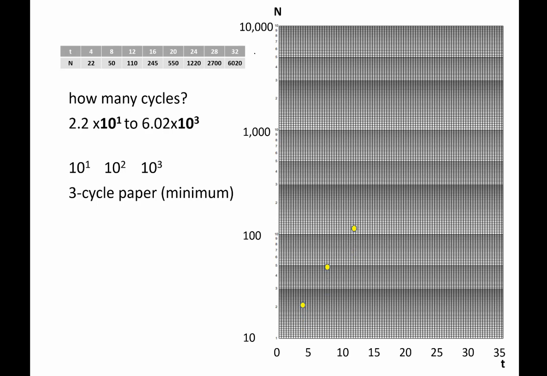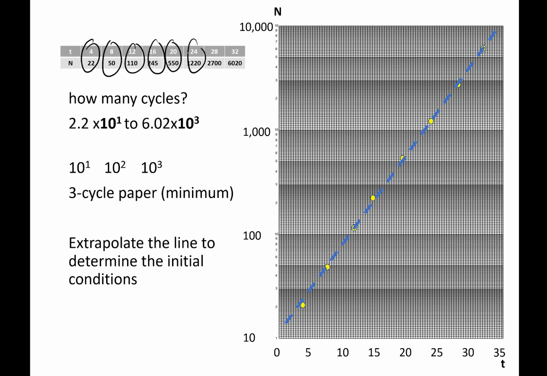So now we mark in our coordinates from here. And join the dots. Now, one thing, guys, that's very important is we're asked for the initial conditions. Nearly always it makes sense to extrapolate the line.